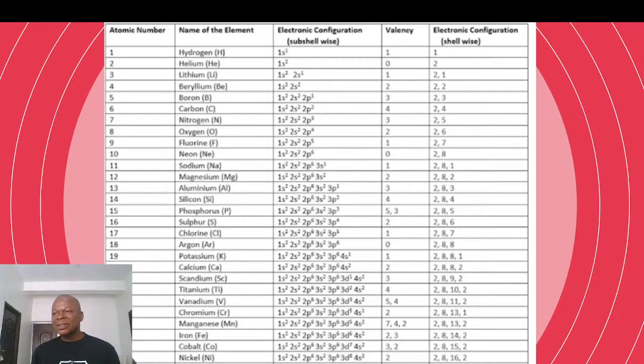Then the next one you can see on the screen there is 13, the element that has atomic number 13. That is what we call aluminium. We are all familiar with aluminium. Every day, most of the materials we see around us, the ones we use in making vehicles, the ones they use in building houses.